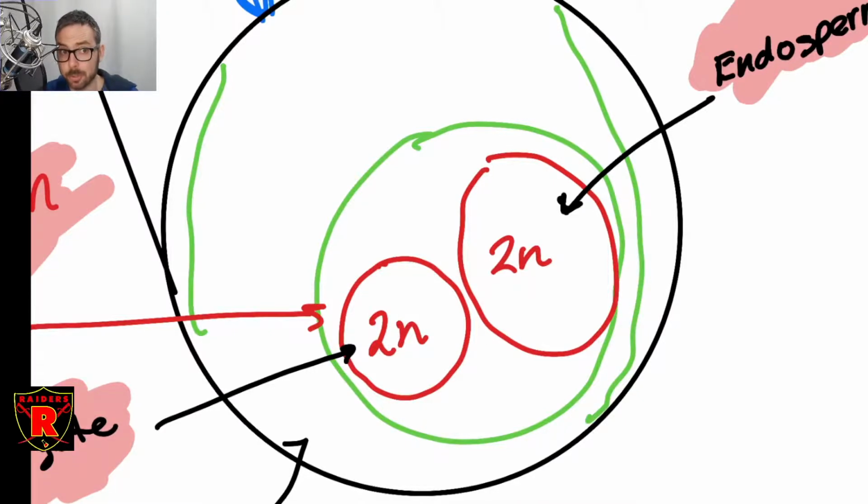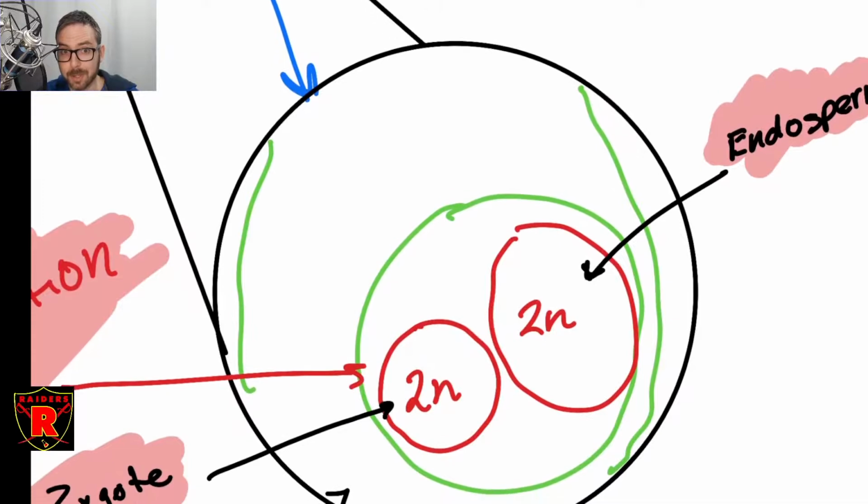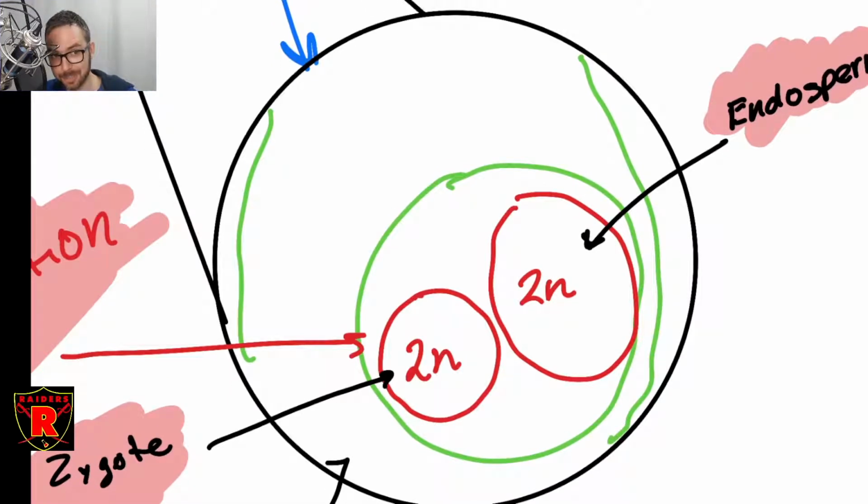Gymnosperms also produce an endosperm, but my understanding from reading here is that it is haploid. So there's not a second fertilization that occurs. There is just a separate nucleus that is also haploid, present in the ovule, that becomes the endosperm, and there's no fertilization occurring to produce it.